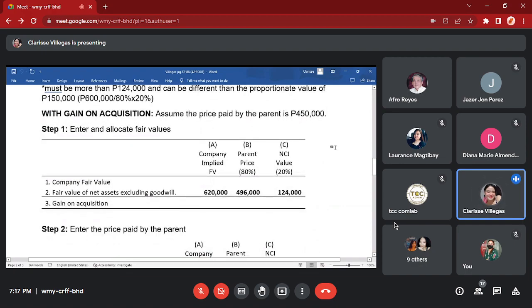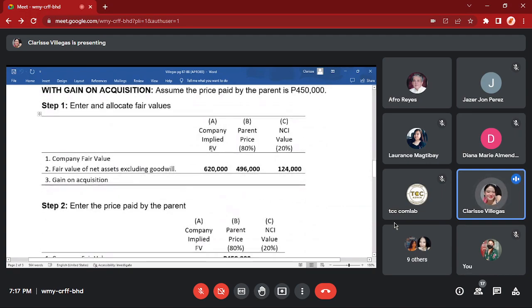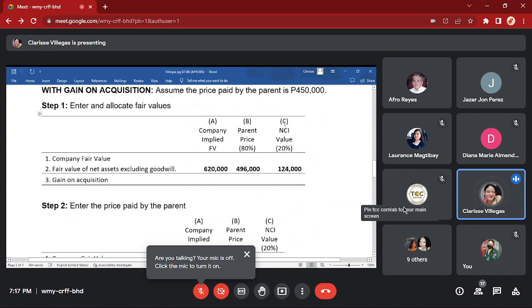With gain on acquisition naman tayo, assume the price paid by the parent is 450,000. Yung kanina 600,000, ngayon naman 450,000 kasi nasa gain on acquisition na. Step 1, enter and allocate fair values. A company implied fair value of 1, company fair value none, B parent price 80% none, C NCI value 20% none.